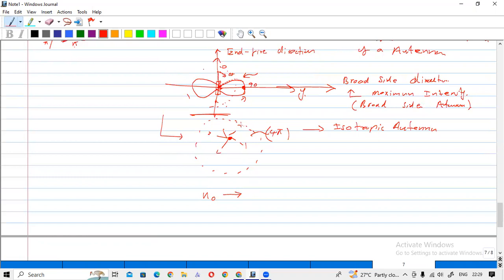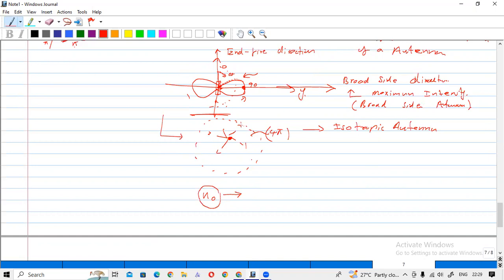Let's say that it is uniformly radiated, and if it radiates the same total power, that is defined as U naught.